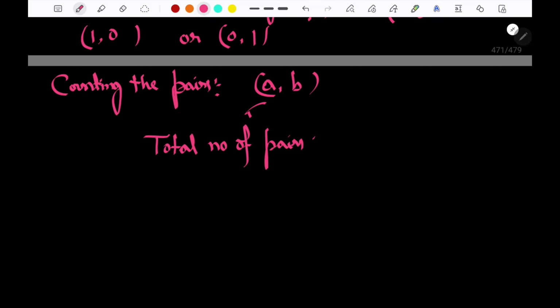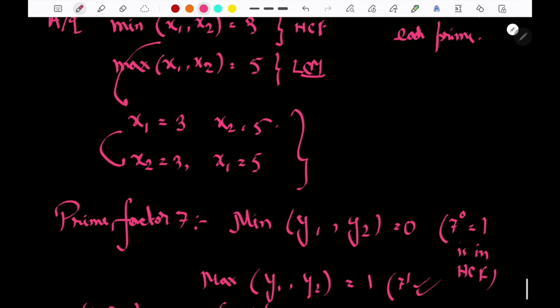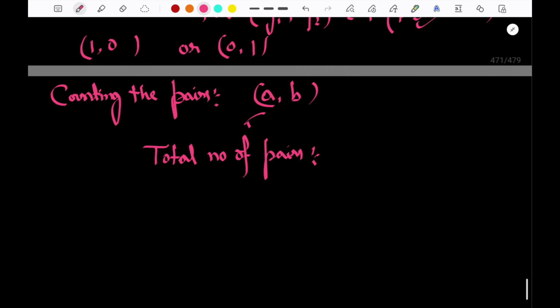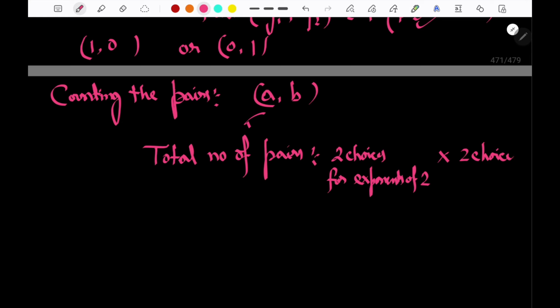Two choices for exponents of 2 into two choices for exponents of 7. So basically there are 4 choices. So total number of pairs will be 2 into 2, that is 4.